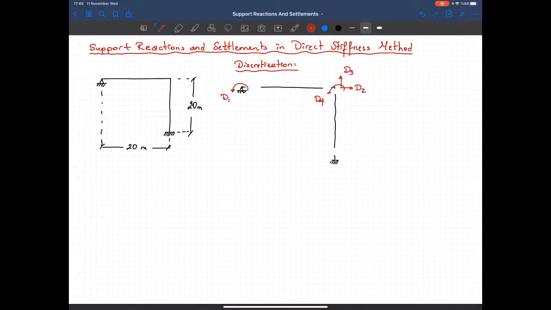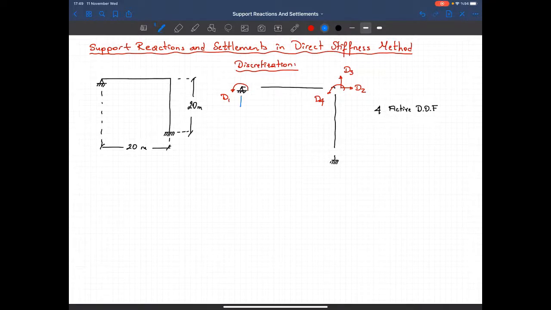So in our classical solution, we say that the structure has 4 degrees of freedom. Now I will say 4 active degrees of freedom. So there are no supports in these degrees of freedom, and they can move depending on the amount of loading we have.